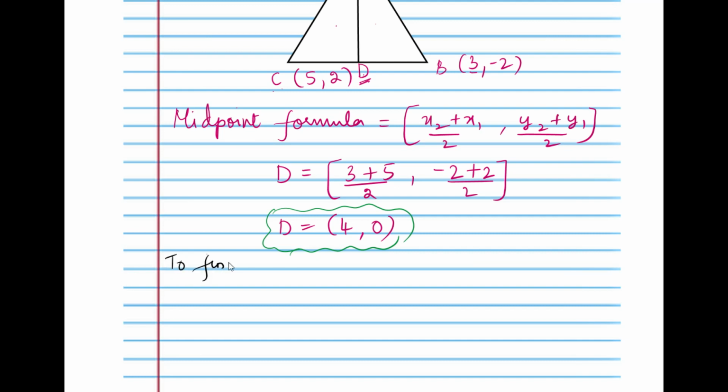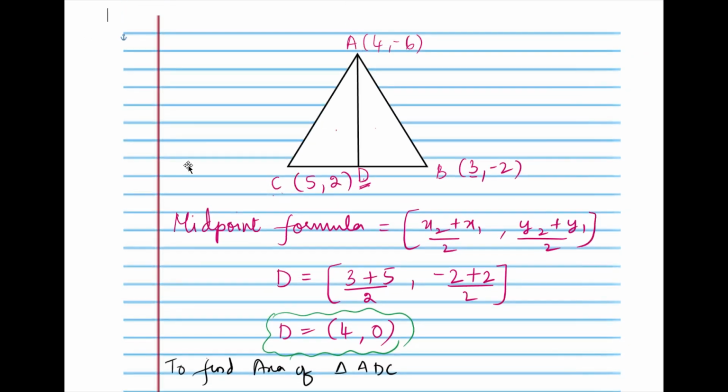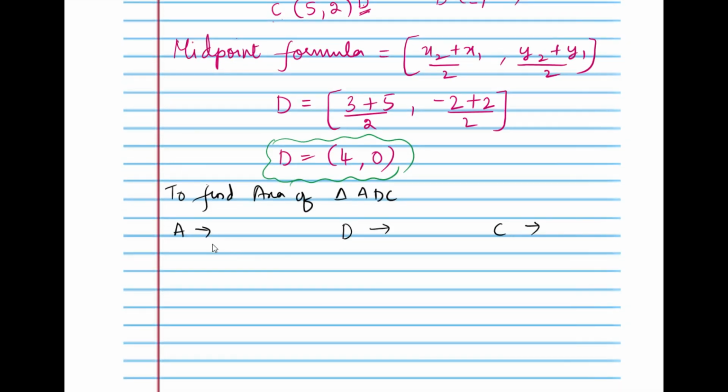To find the area of triangle ADC, that is point A, point D, and point C. Point A is 4 comma minus 6, point D is 4 comma 0, and point C is 5 comma 2.